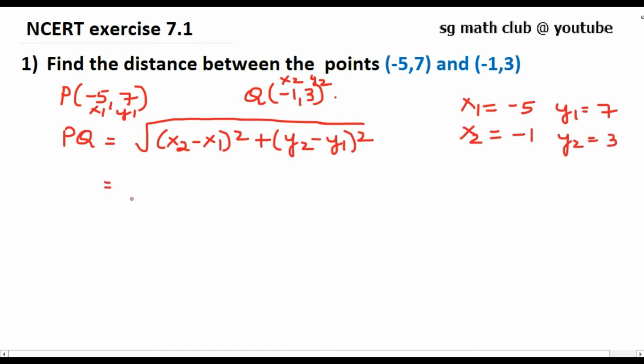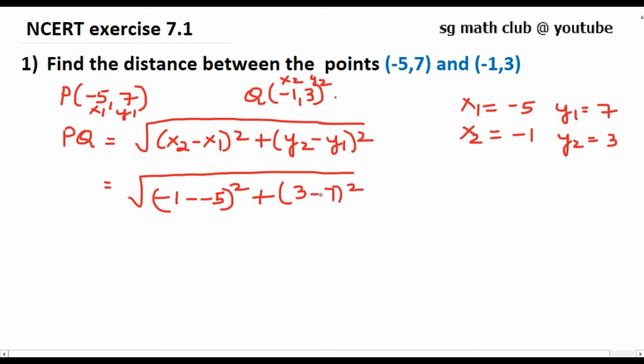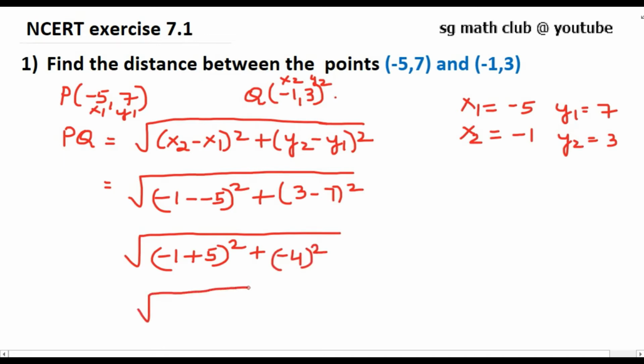Now we substitute: square root of (-1 minus -5) the whole square plus (3 minus 7) the whole square, which is equal to (-1 plus 5) the whole square plus (3 minus 7, that is -4) the whole square.